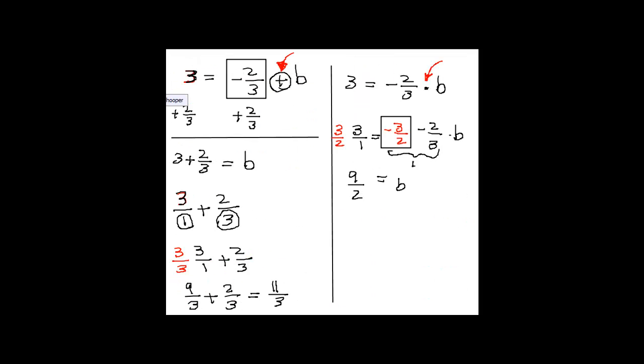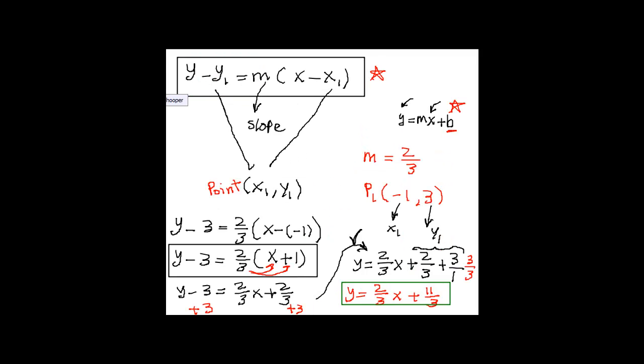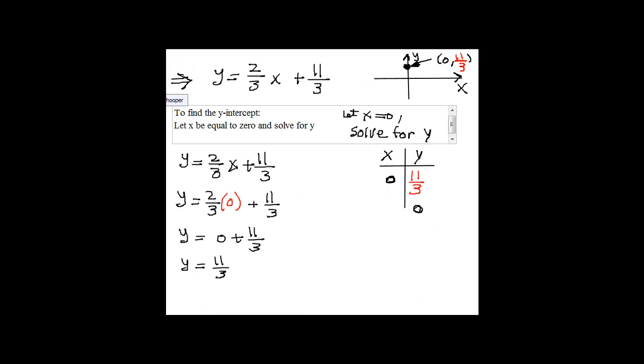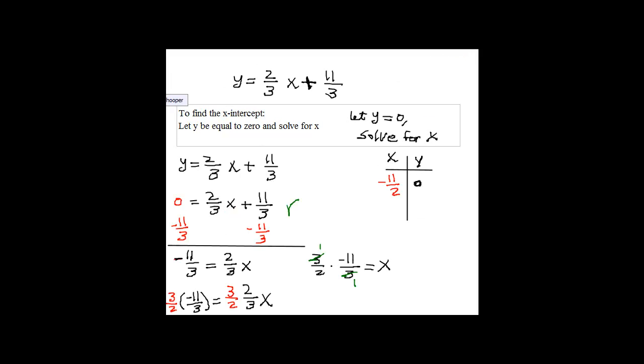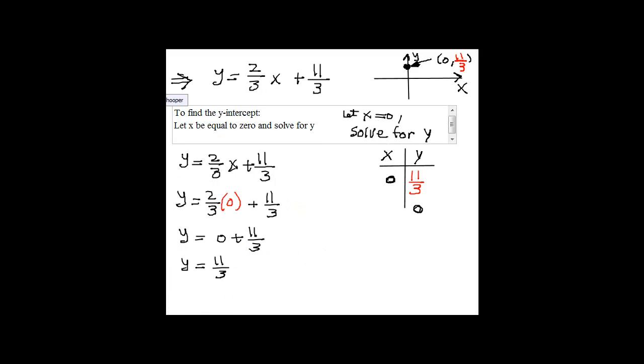That would be information that we already have. So we found so far, when x equal to 0, y is equal to 11 over 3. When y is equal to 0, x equal to minus 11 over 2.